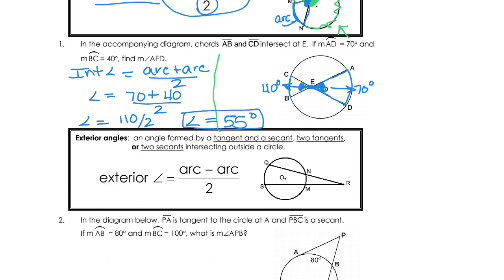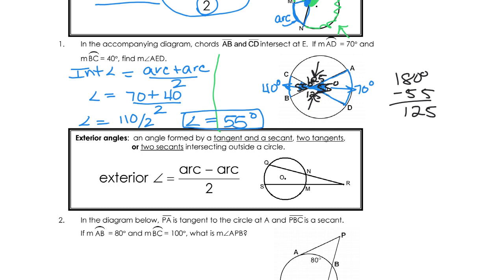So not only would this one be 55, this one would be 55. The other two, if you wanted to find them, think about a linear pair. 180 take away 55 would make the other ones 125s.